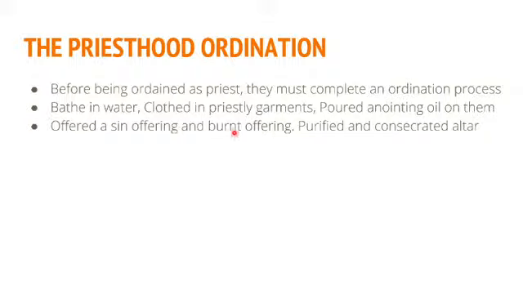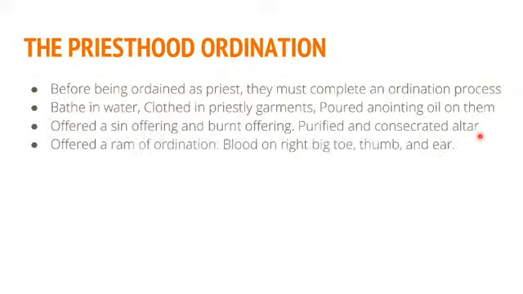They had to offer a sin offering and a burnt offering, right? And they had to be purified and consecrated. The altar, sorry, let me explain this a little bit. The altar had to be purified and consecrated for service as well. The altar that was going to be used for offering of the animals and all the other things on it.